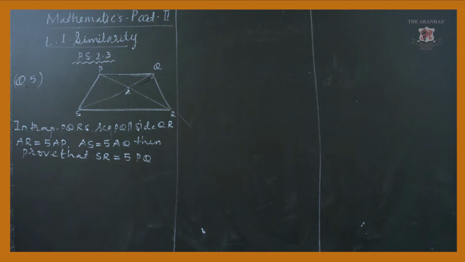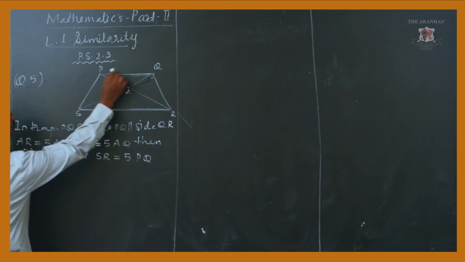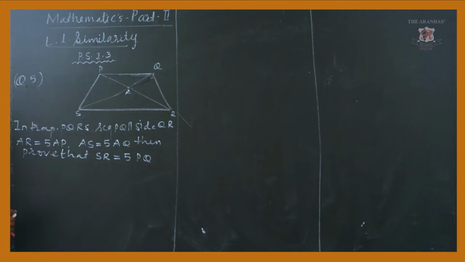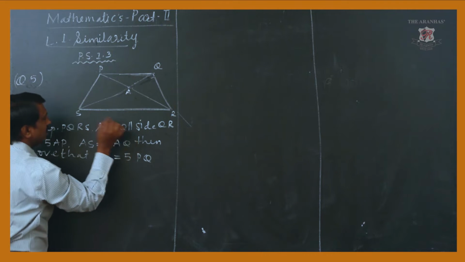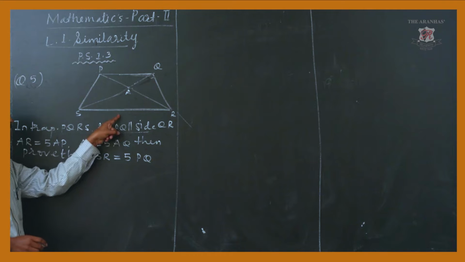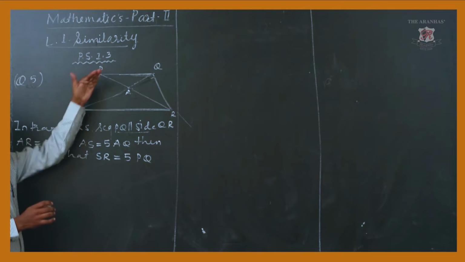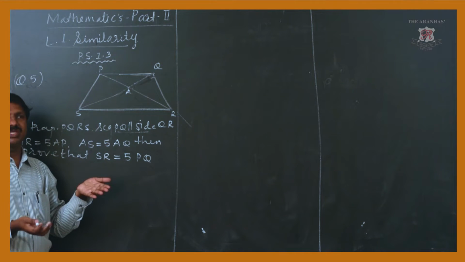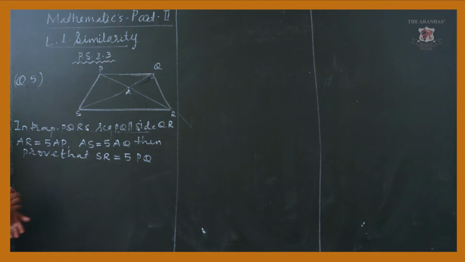Pay attention, all of you, and look here. This is an example which can come for 4 marks, maybe sometimes 3 marks, depending on the examiner. Quadrilateral PQRS is a trapezium, and the important thing given is that segment PQ is parallel to SR, the two opposite sides of the trapezium.